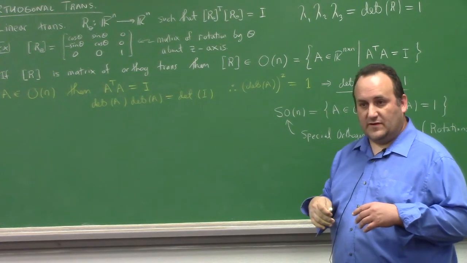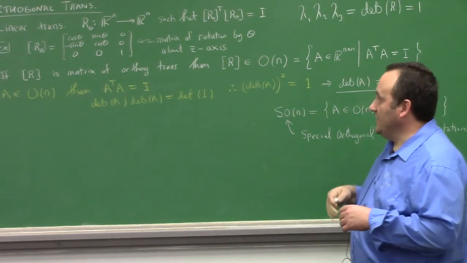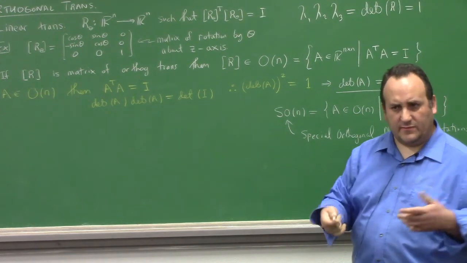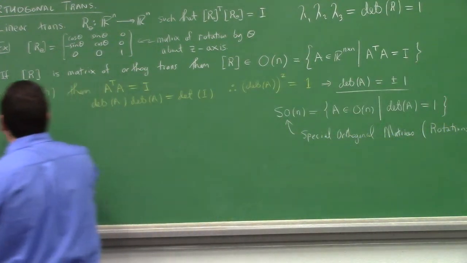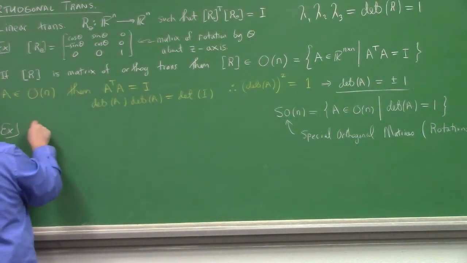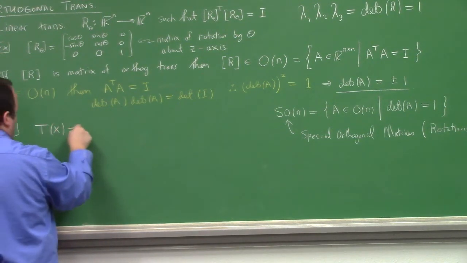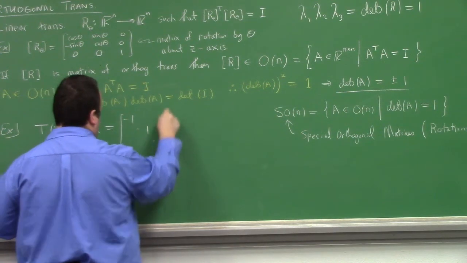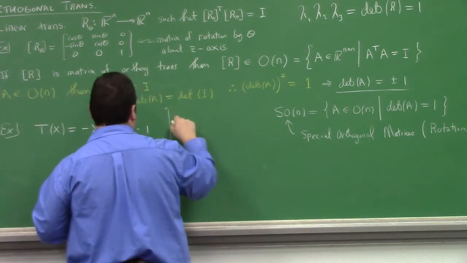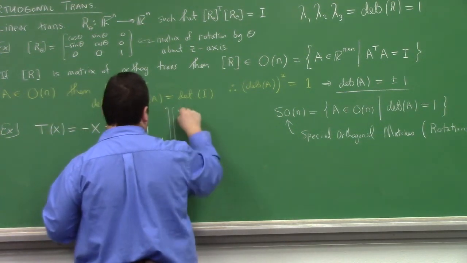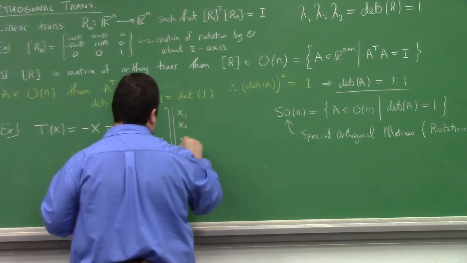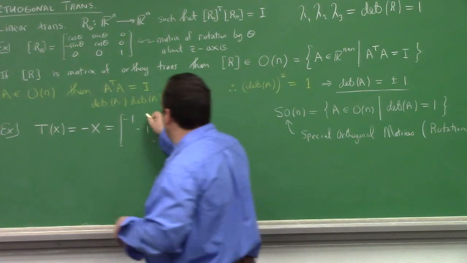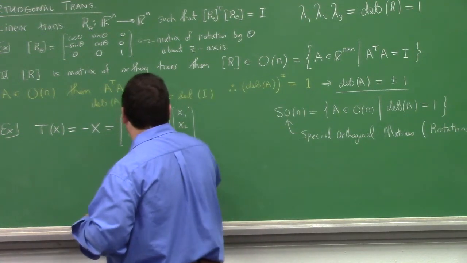fixed under the transformation. An example in R3 of one which has determinant minus 1 would be this map. So zeros elsewhere. This matrix is minus the identity.